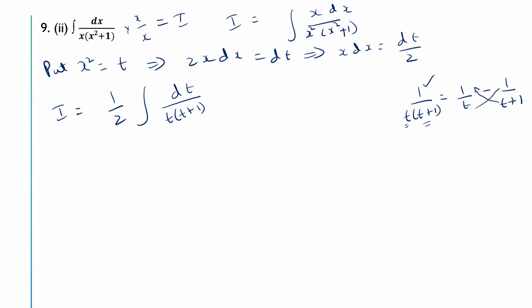So if we take LCM as t into t plus 1, we get t plus 1 minus t upon t into t plus 1. So this t and this t will go, so these two are equal. So this we can write as half integral 1 by t minus 1 by t plus 1 into dt.